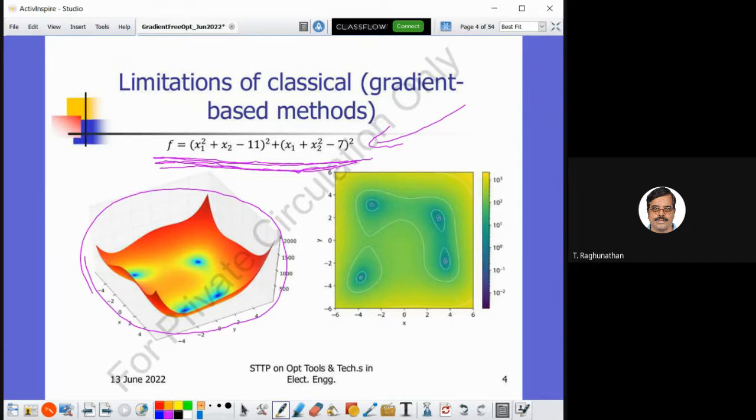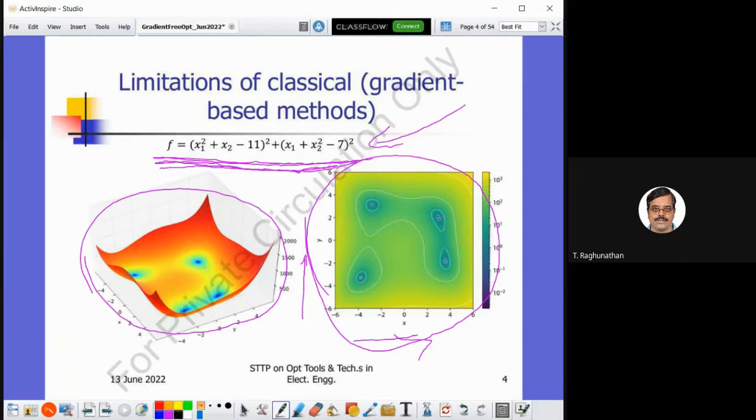So there are four minimums here. Like somebody pointed out, these blue spots are the minimums, and this is the contour plot, where this is x1 and this is x2. Already yesterday I told you that contours are level sets if the dimension is more than 2.